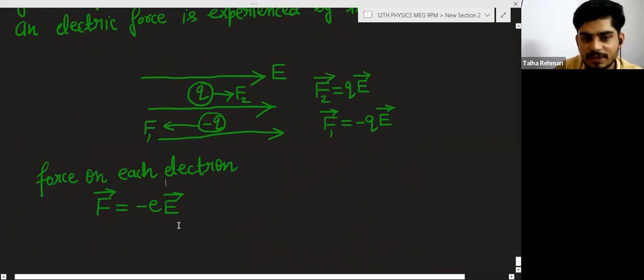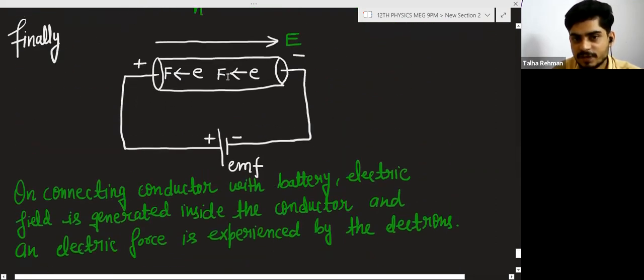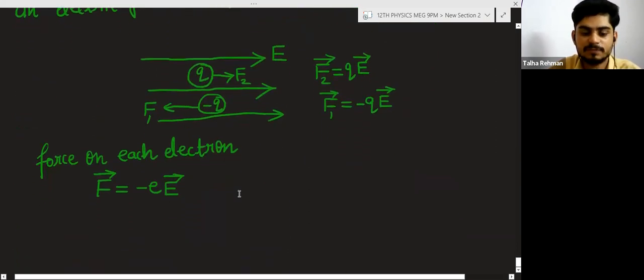Force is a vector, electric field is a vector. Here is this electron, and the electric field is in this direction inside the conductor. So this electron will experience a force in the opposite direction of the electric field, and this is F. F is the force on each electron, and I have written this force F in the vector form.